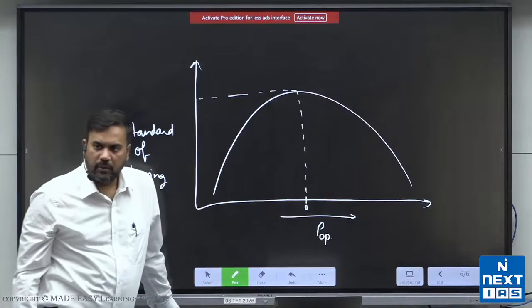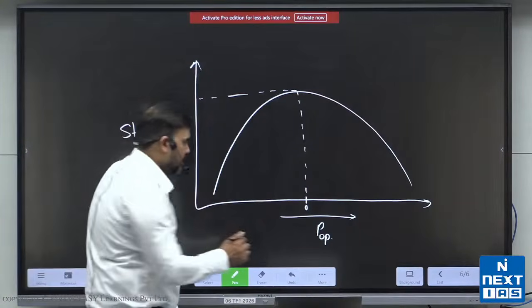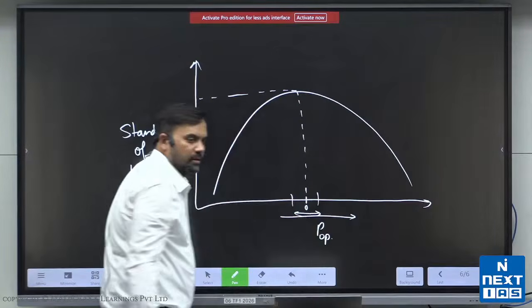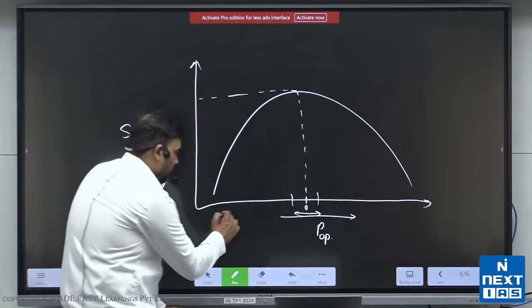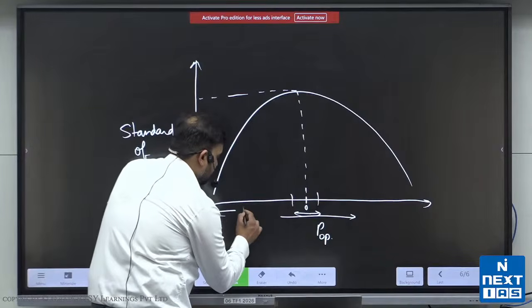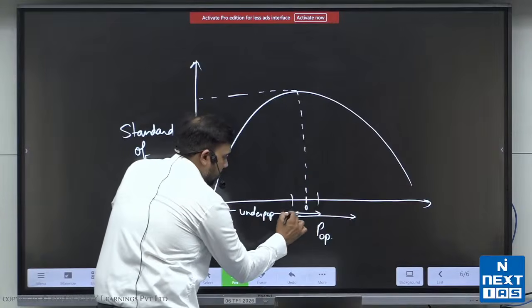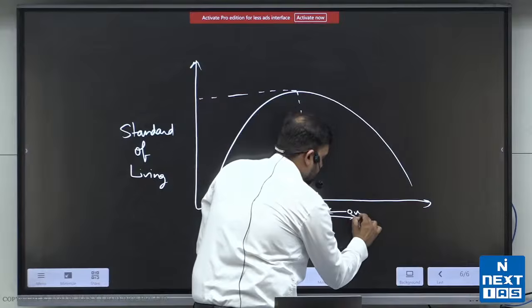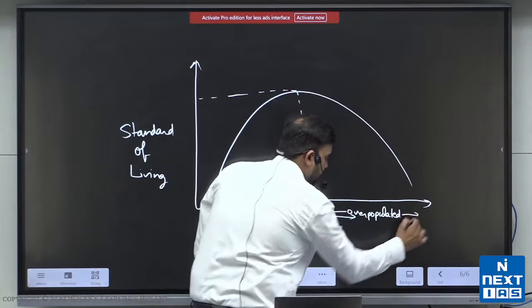That point O is the case of optimum population. So हम कह सकते हैं कि थोड़ा इधर, this is the case of optimum population. Beyond this is underpopulated, and beyond this there is overpopulated.